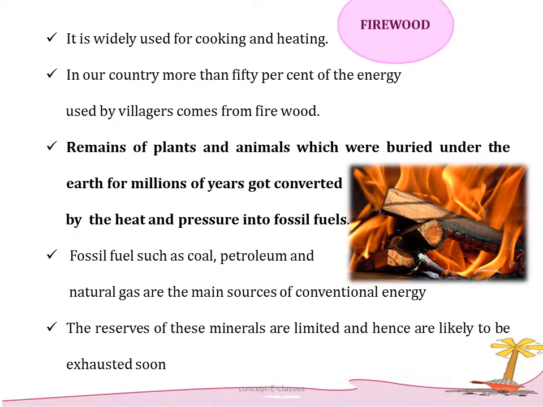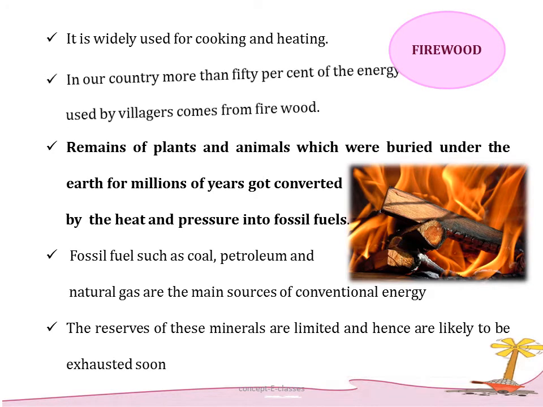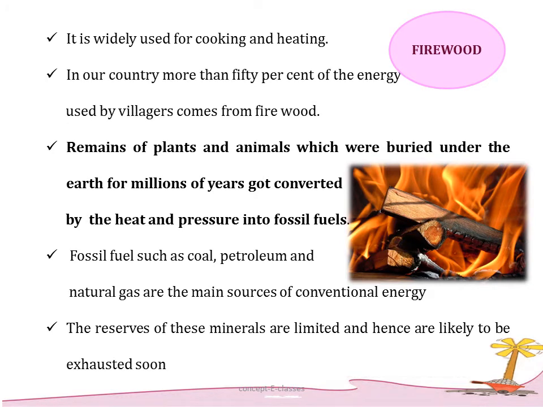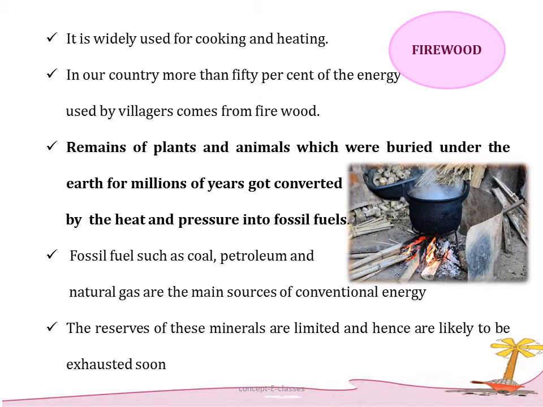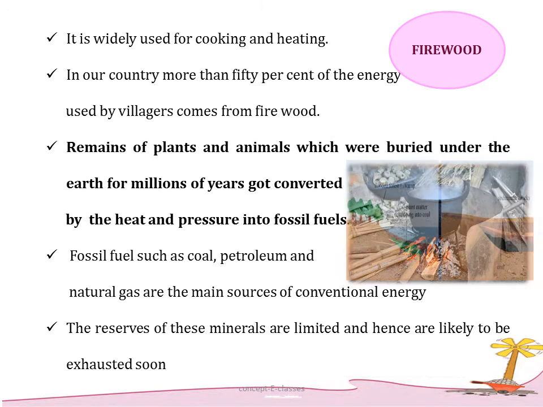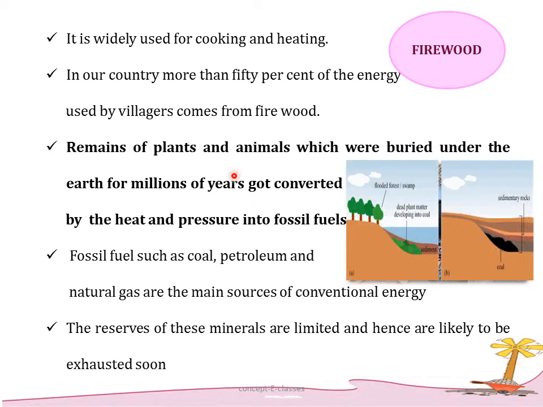So the first conventional source that we're going to study is firewood. Firewood is widely used for cooking and heating. In a country, more than 50% of the energy used by the villagers comes from firewood. The remains of plants and animals which were buried under the earth for millions of years got converted by heat and pressure into fossil fuels.